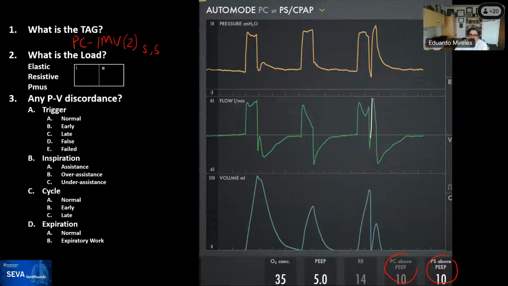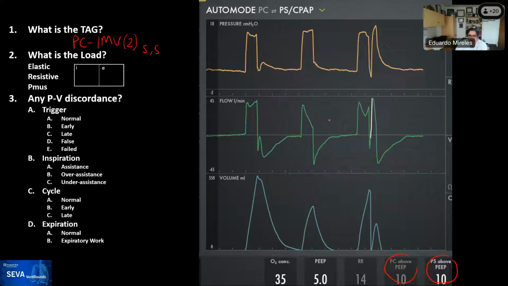So without a doubt, you have during the first breath the presence of PMUS, and you know that because you see a machine triggered breath, but then the flow, instead of decaying exponentially as it should, coming down little by little like that, has this bump up. However, on the second breath, there may be some PMUS here, but it's small. But then you see the exhalation and you don't see any evidence of PMUS there.